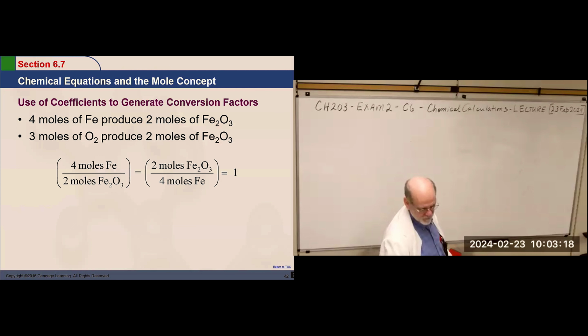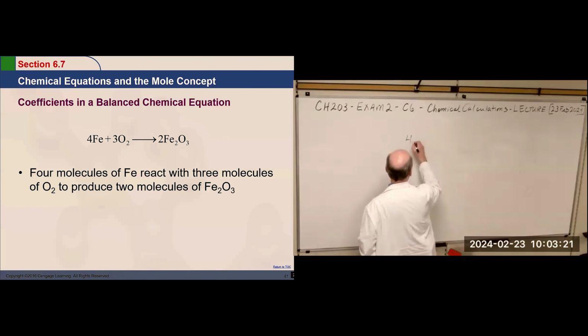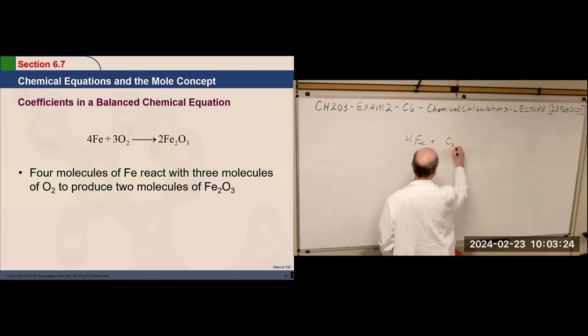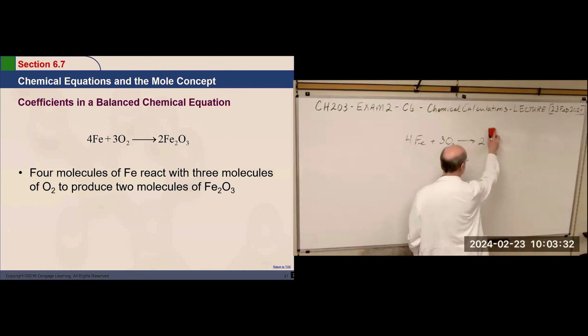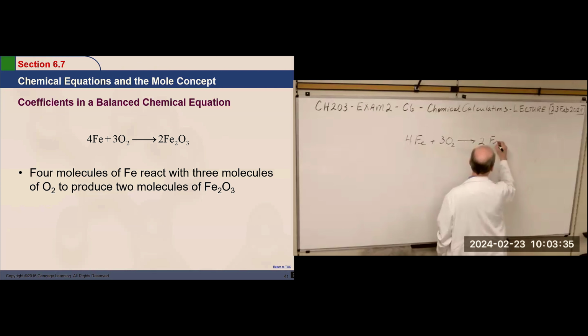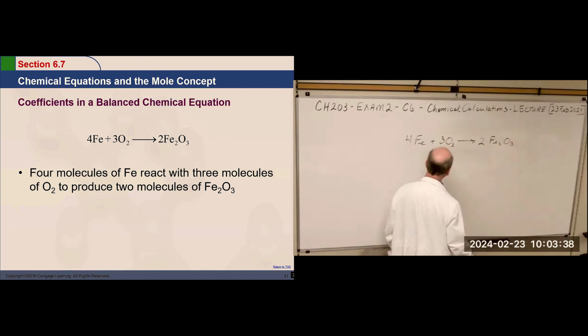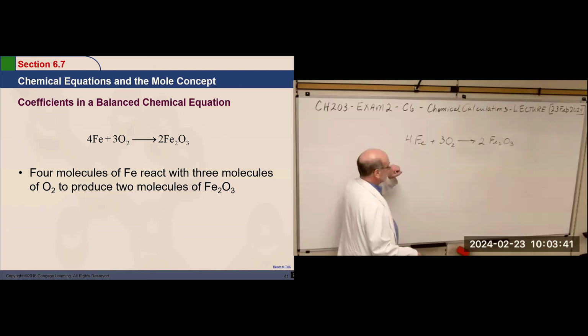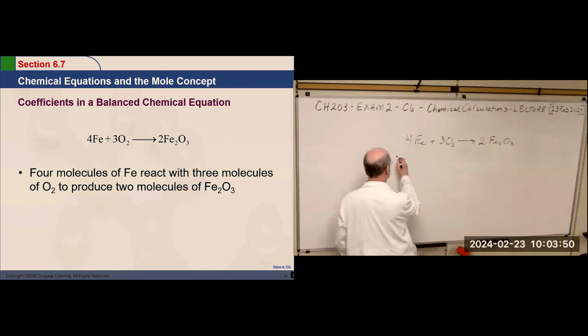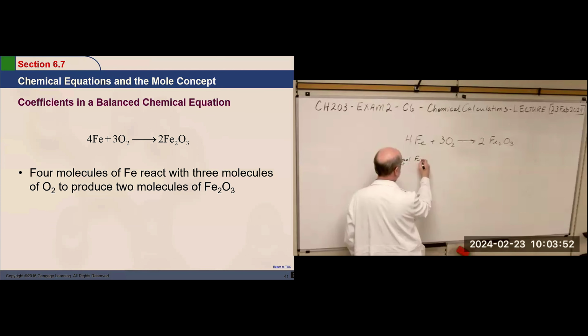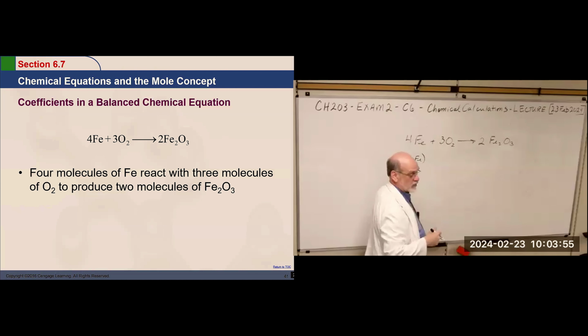So let me write that formula up there again. We have iron and oxygen, which is 3 and 2, and then Fe2O3. What we're saying is that if we have, say, 8 moles of iron go into this reaction, we want to know how many moles of oxygen it will take to consume all of that iron.